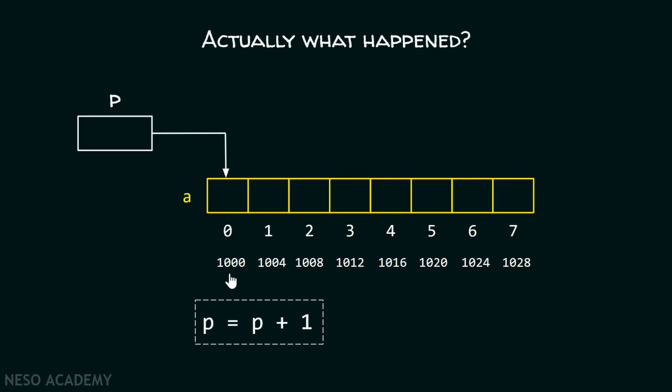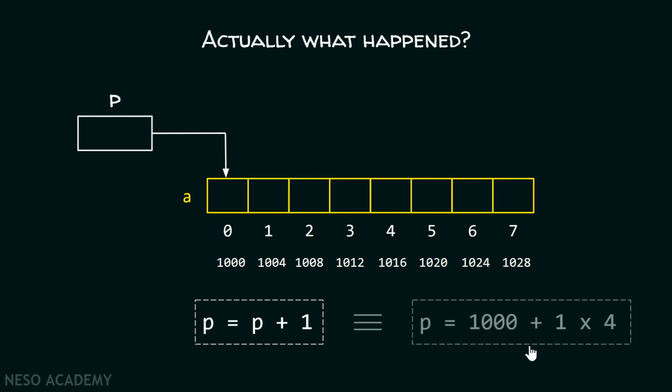Simply adding 1 to 1000 will not give the answer. We have to multiply 1 by 4 in order to get the base address of this element, that is 1004. This is what we should remember: we must multiply 1 by 4 and then add it to 1000. It is simple to understand. The next element is not stored in 1001.